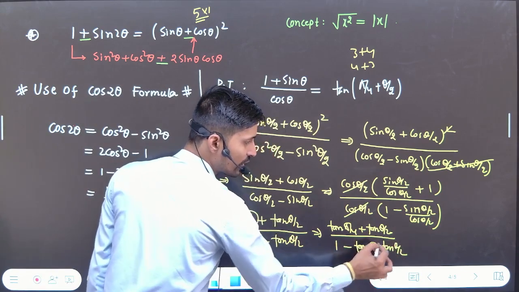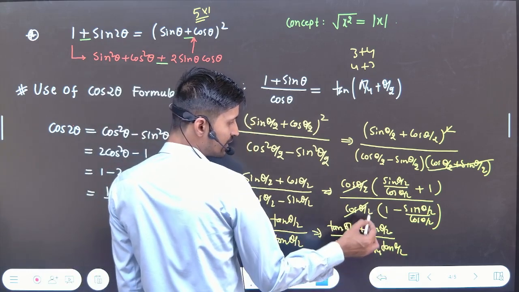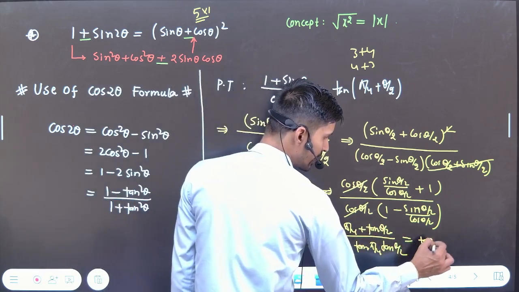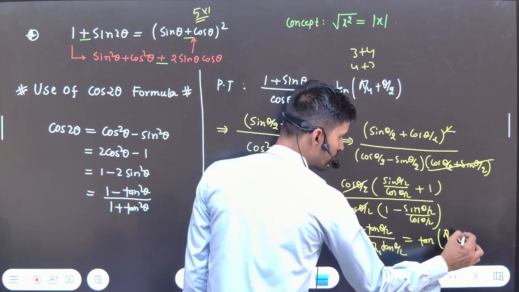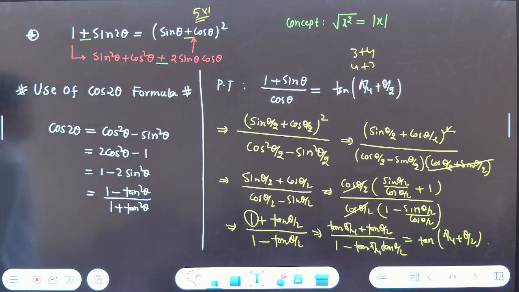This is 1 now. So 1 into tan theta by 2 will be tan theta by 2. So what does this become? Tan A plus tan B upon 1 minus tan A into tan B. And that will become tan(A plus B). A is pi by 4, B is theta by 2. See the proof, and if you have any doubt, ask.